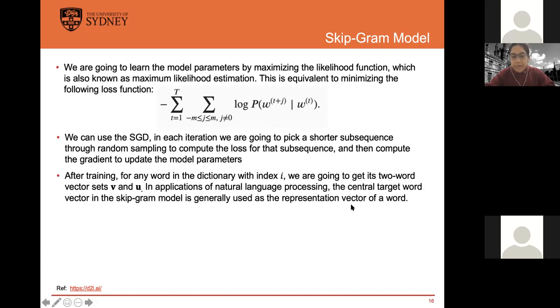But we need to keep in mind that since we started with 2 vectors initially for each word, when we optimize, we will also get 2 vectors for each word. So in application of NLP, ideally the central target word vector in this model is used.